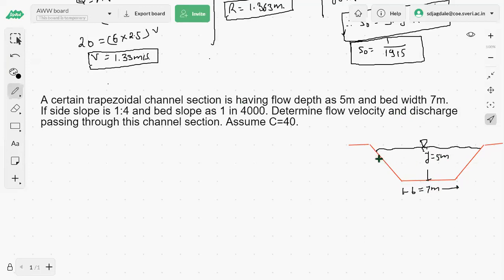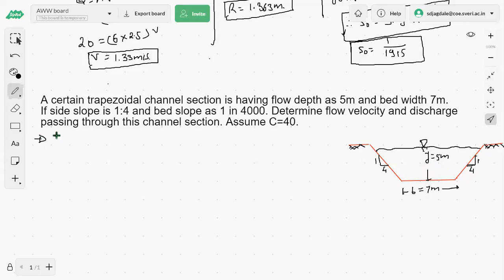The side slope given to us is 1:4, and it will be the same on both sides. And they asked to calculate the discharge and the velocity of the flow passing through this particular channel section. Prepare this rough sketch so that you will get an idea of how it is to be.